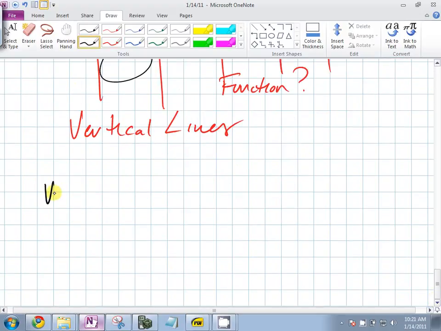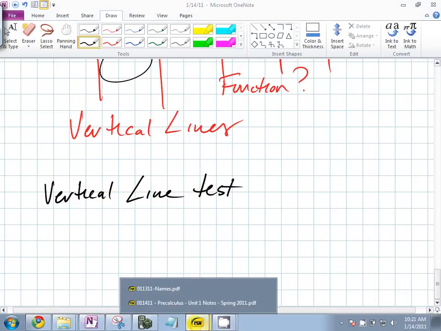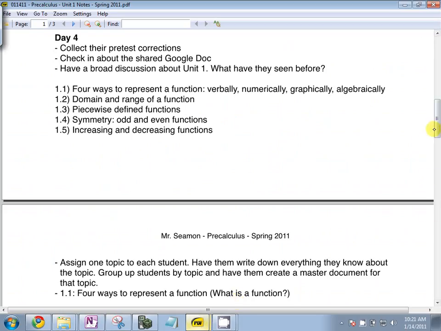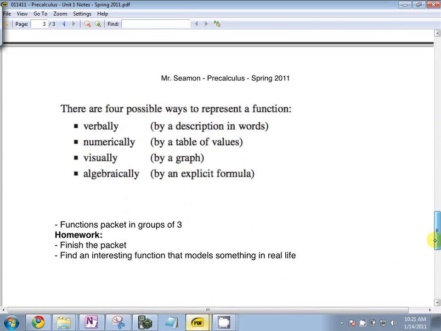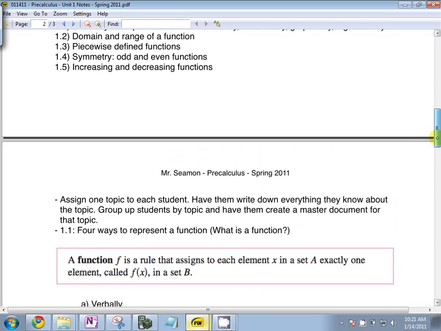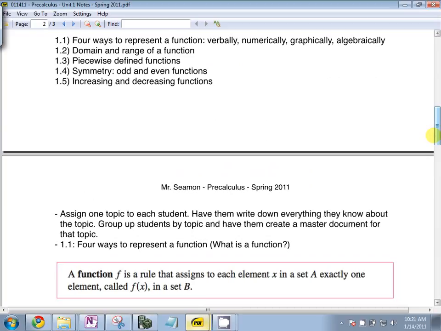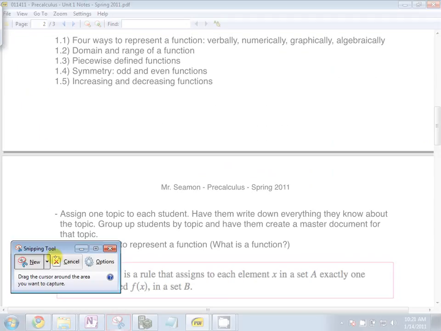Vertical line test. And the big kid way of writing this is this. Let's see if I put it here. Oh, I didn't write it in. There's lots of different ways you can say it. I'll clip this into your notes just so you have it. Here's the big kid definition of a function.